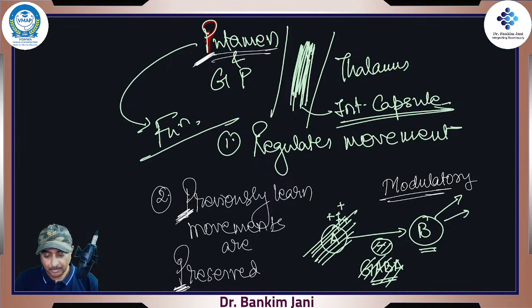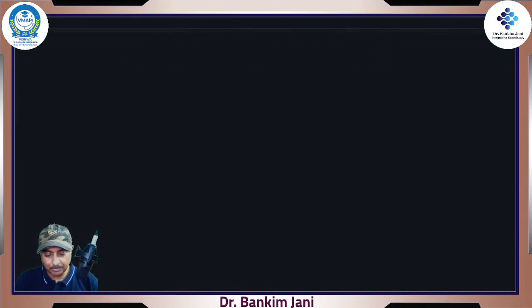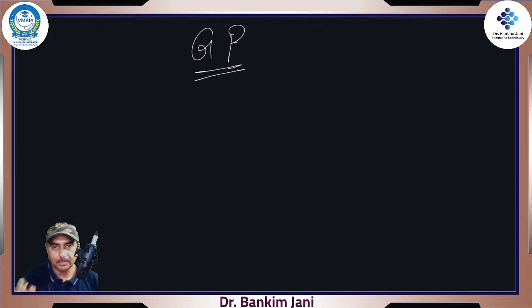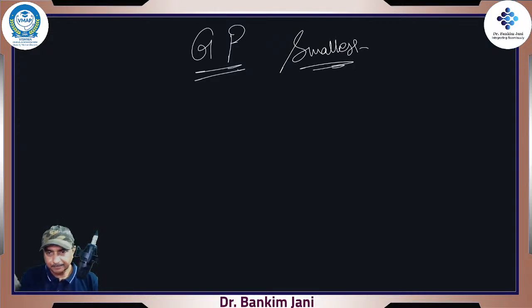Okay, moving on to the globus pallidus. Globus pallidus, this is the smallest. And we said now that it has got two parts. So all the way from inside out, thalamus, then comes the internal capsule, then comes this globus pallidus. But that globus pallidus will come to this procedural learning, right?